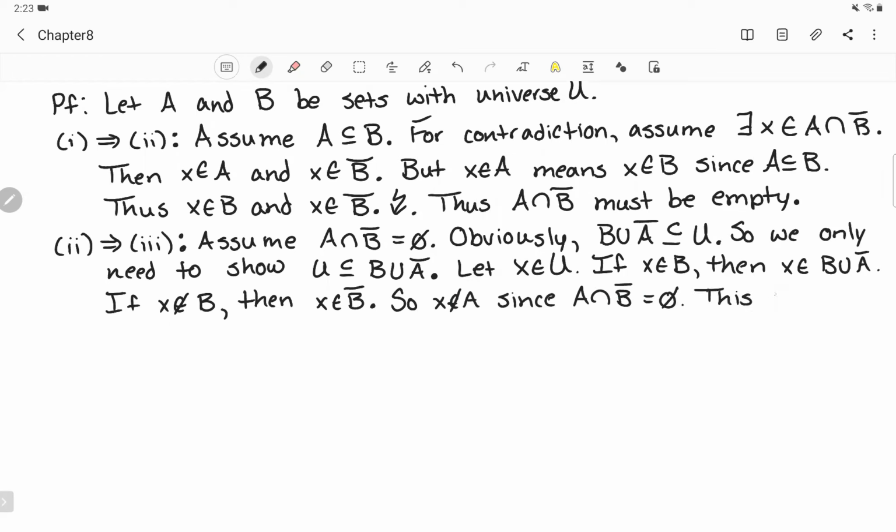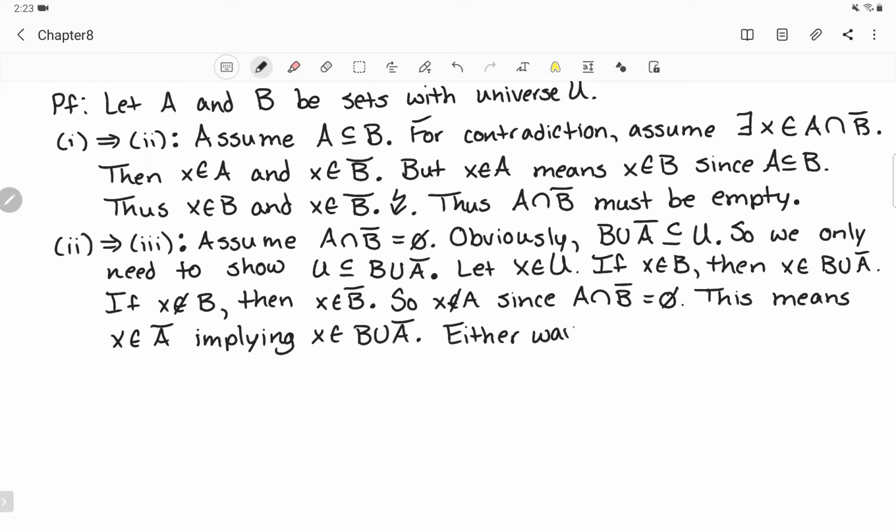This means X is an element of A complement, implying X is an element of B union A complement. Either way, X is an element of B union A complement.